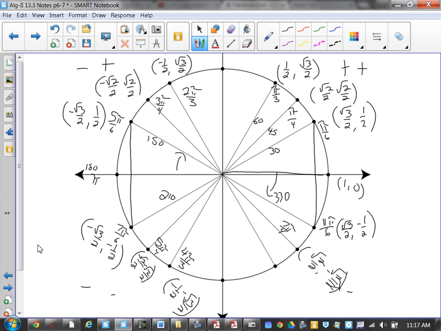So that would be 6 pi over 3, so it'd be 5 pi over 3. 1/2, and then negative root 3. Remember, you don't need to memorize this. All you have to know is how to get a reference angle. Then you're fine.